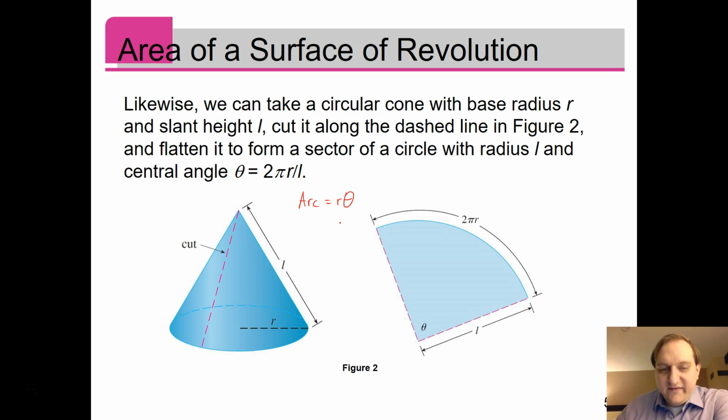In this case we don't know theta, but we know that the arc is 2 pi r, and we know that the radius is L. So theta equals 2 pi r divided by L, which we see right here. That helps us find the central angle.